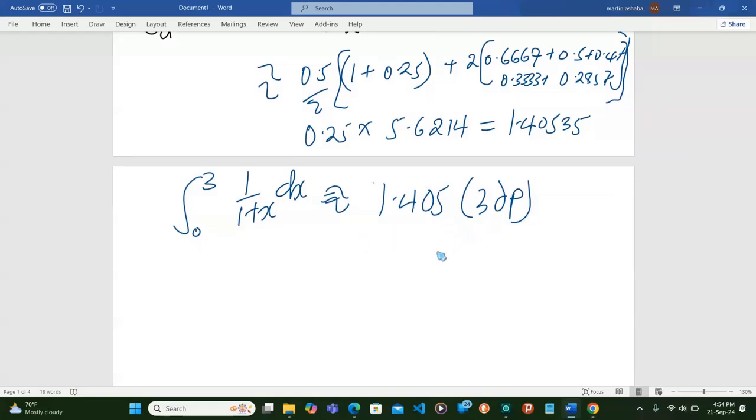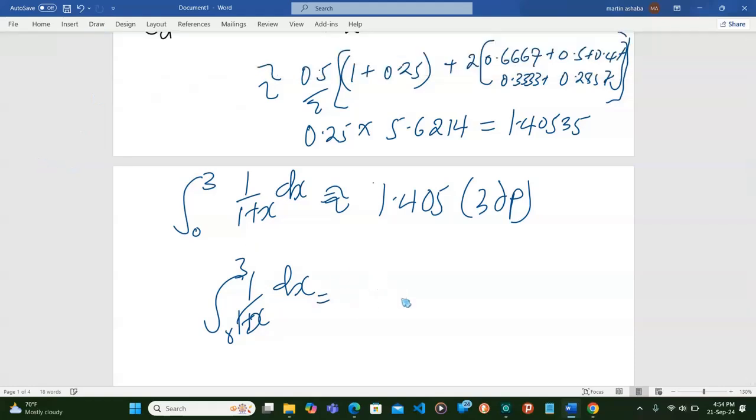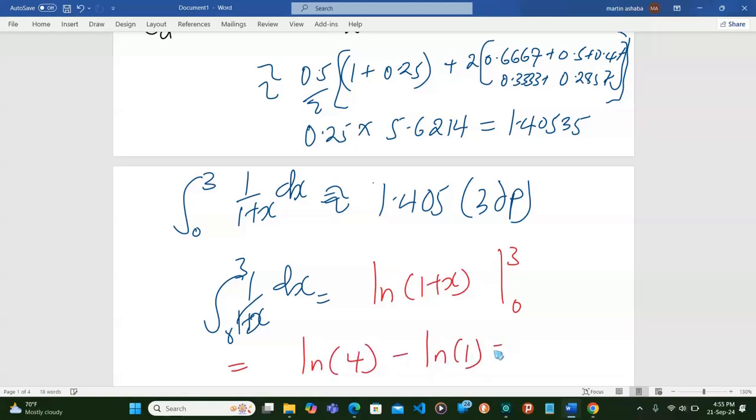But we can also do it because we know the integral of 1 out of 1 plus x with respect to x from 0 to 3 is the same as natural logarithm of 1 plus x. So from 0 to 3, this is going to be ln of 4 minus ln of 1.